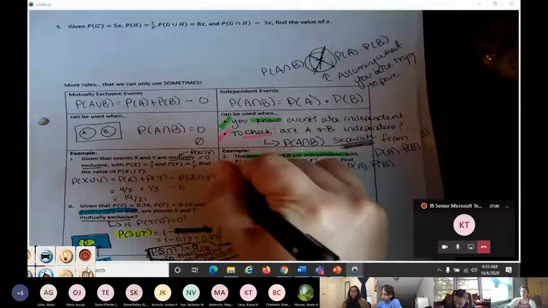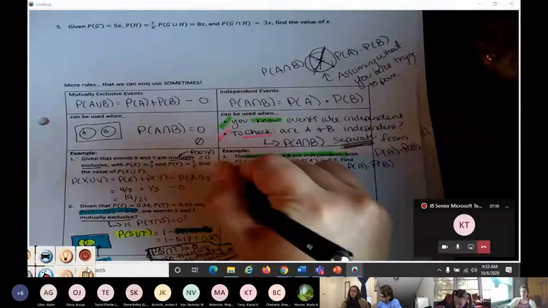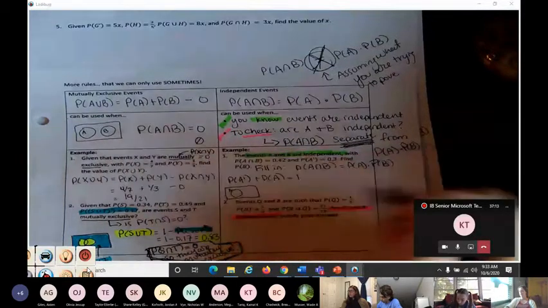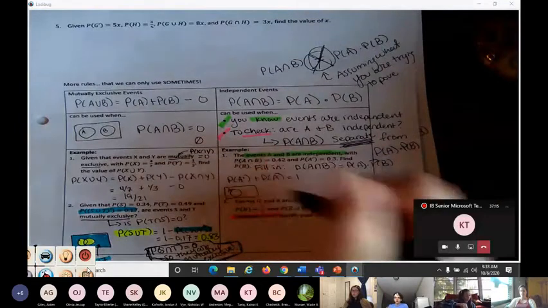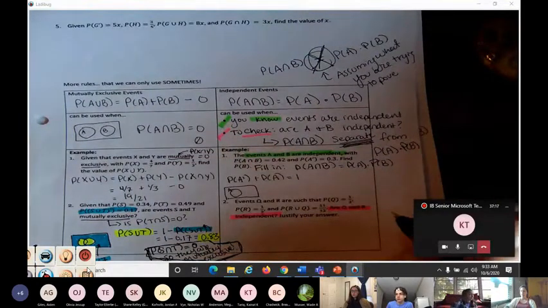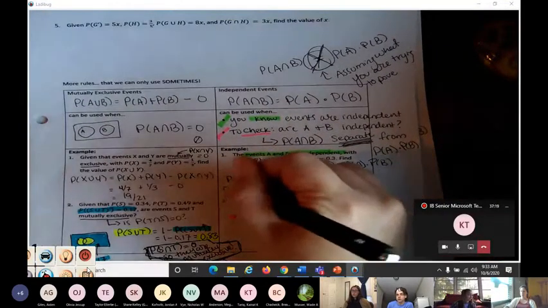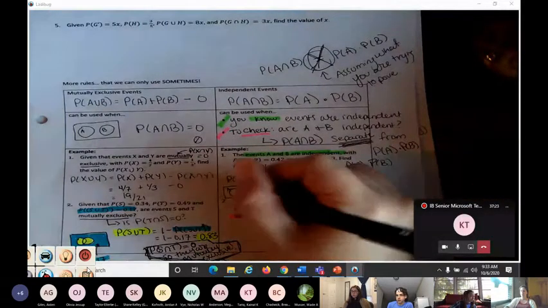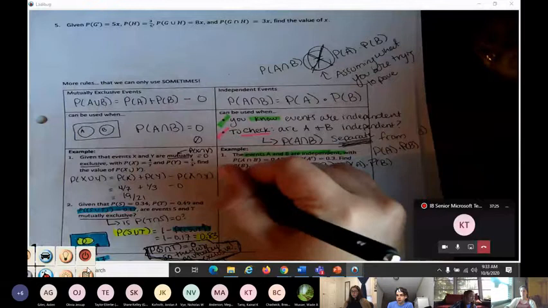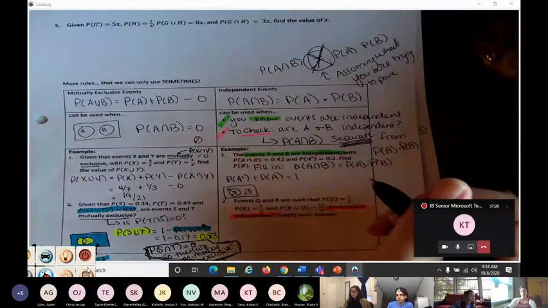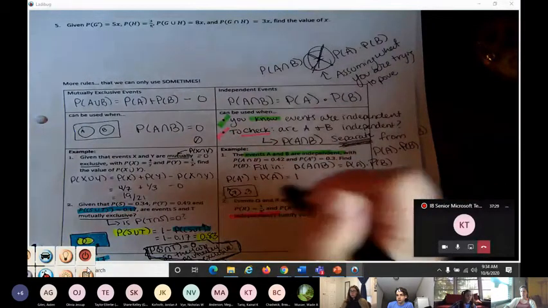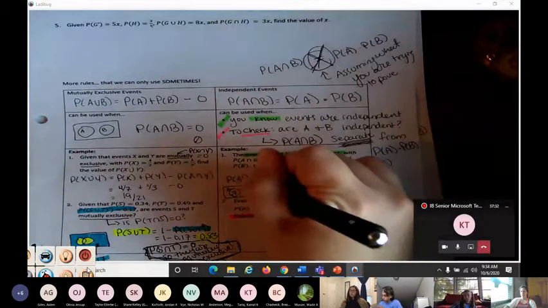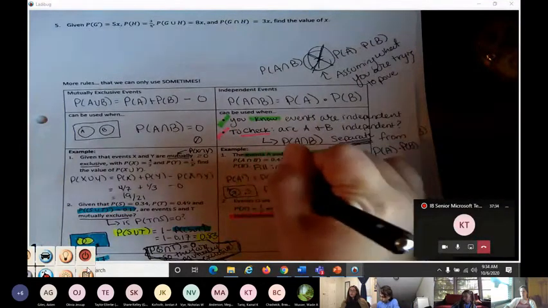If I have A here, then A prime is everything outside of that rectangle. So A prime was 0.3. That means that the rest of the circle here must be 0.7, because 0.3 plus 0.7 gives us 1. So this means that P of A must be equal to 0.7.